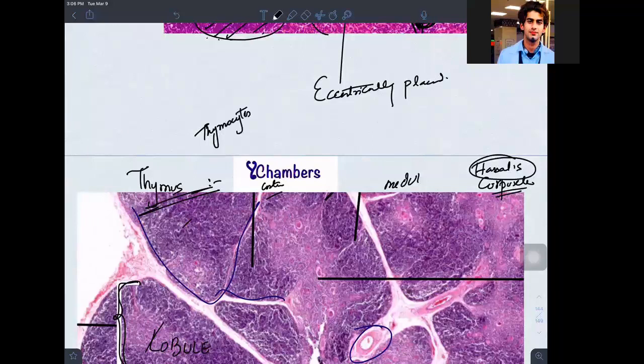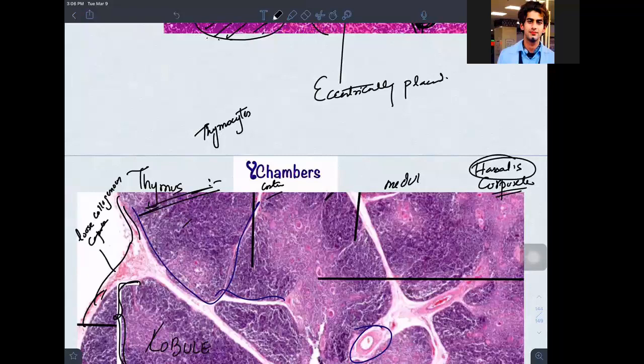But there is one difference: the capsule of the thymus has some loose collagen. The thymus has a loose collagenous capsule. So remember this.